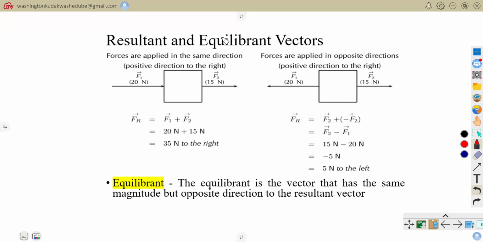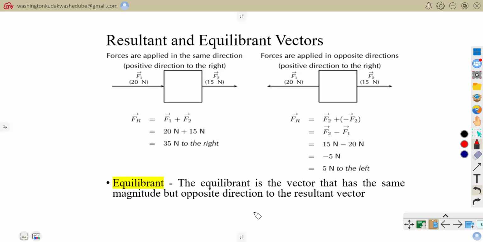So our equilibriant can be defined as the vector that has the same magnitude but opposite direction to the resultant vector. It's balancing, so it has to have the same magnitude, but it has to be in the opposite direction.